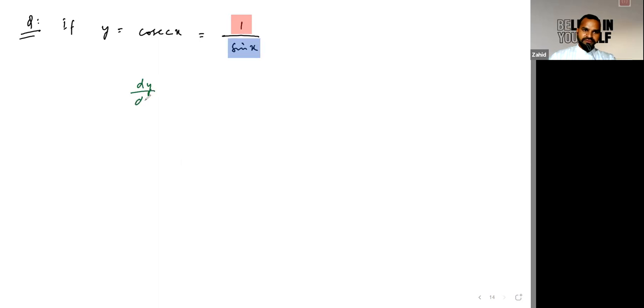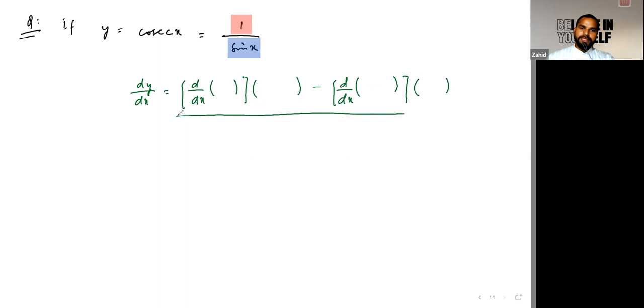So differentiation of y with respect to x is differentiate numerator, multiplied by denominator, minus differentiate denominator, multiplied by numerator, and the whole divided by square of denominator.